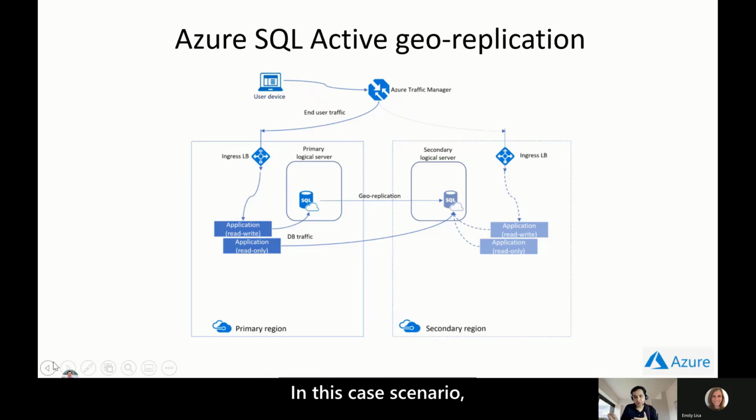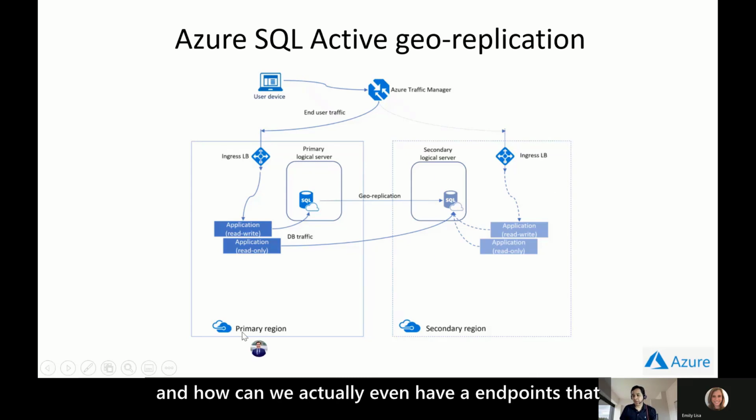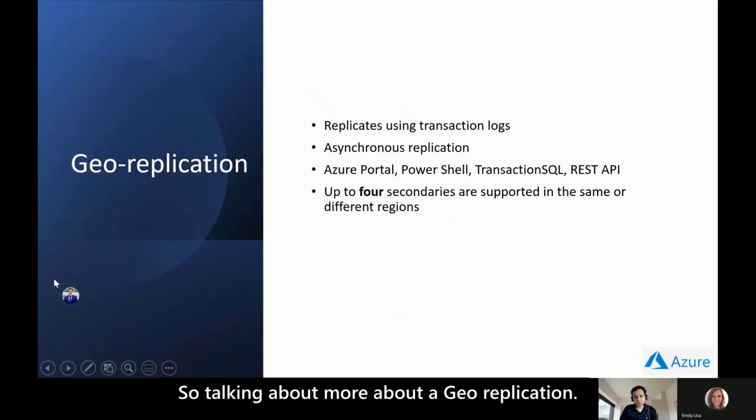In this scenario, we're going to have different endpoints. So you might need to update your application for this case. We're going to go into more detail about the endpoints and how we can actually even have endpoints that don't change.